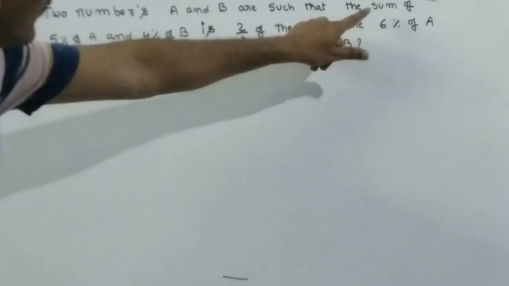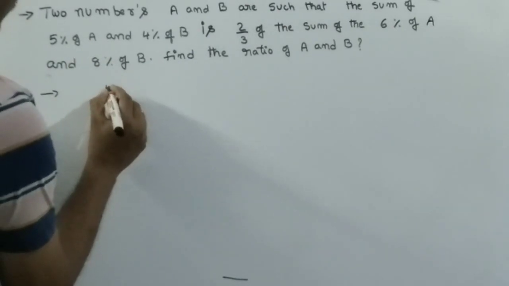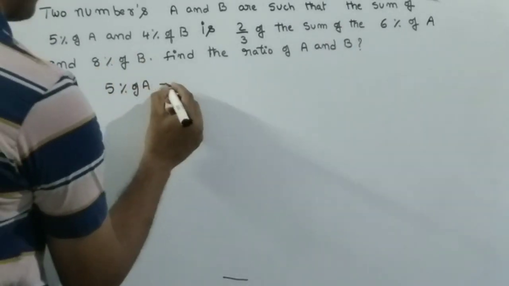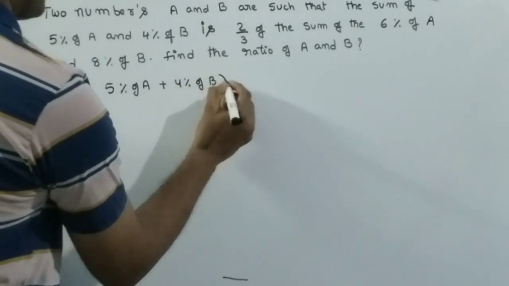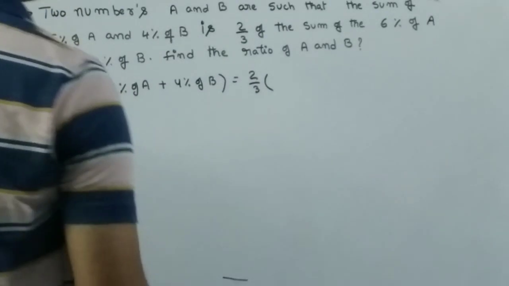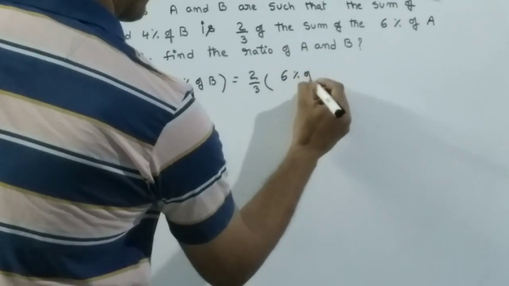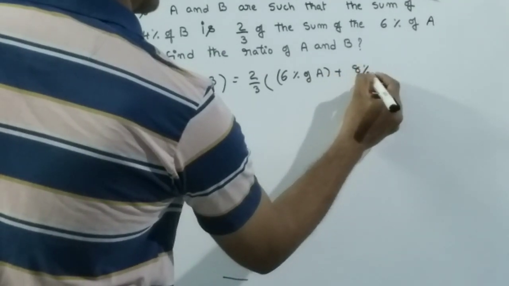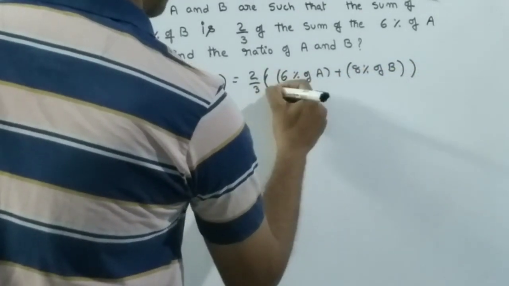See friends, what has he given? The sum of 5% of A and 4% of B is 2/3 of the sum of the 6% of A and 8% of B. This he has given.